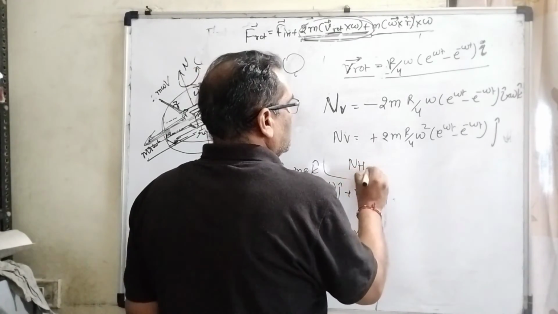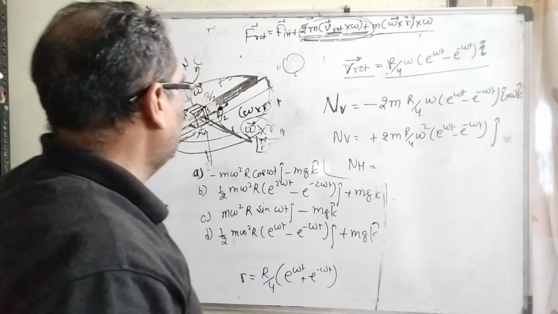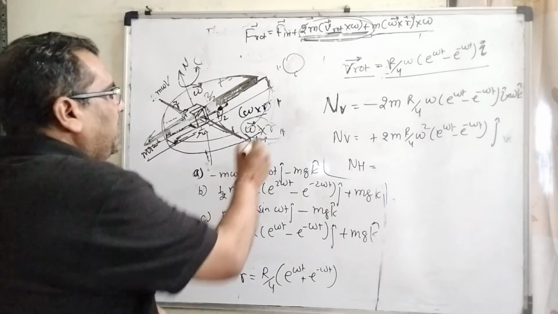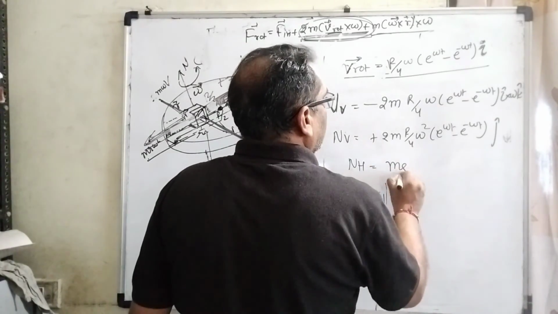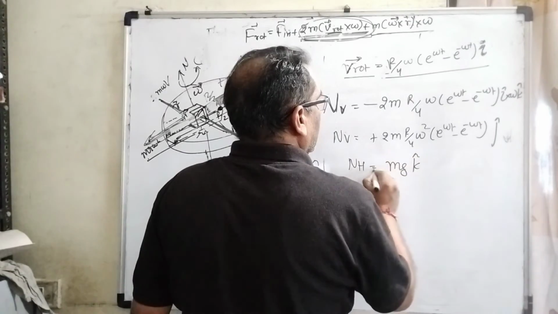Now for the horizontal, you know that mg acts in the downward direction, so mg k.